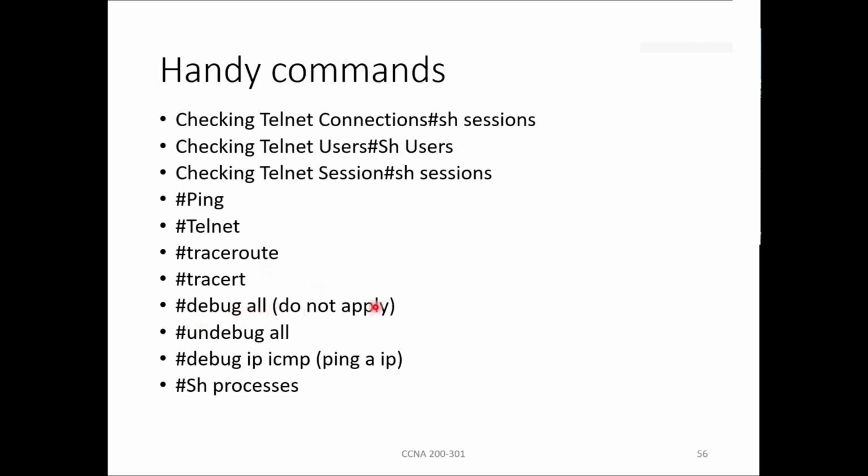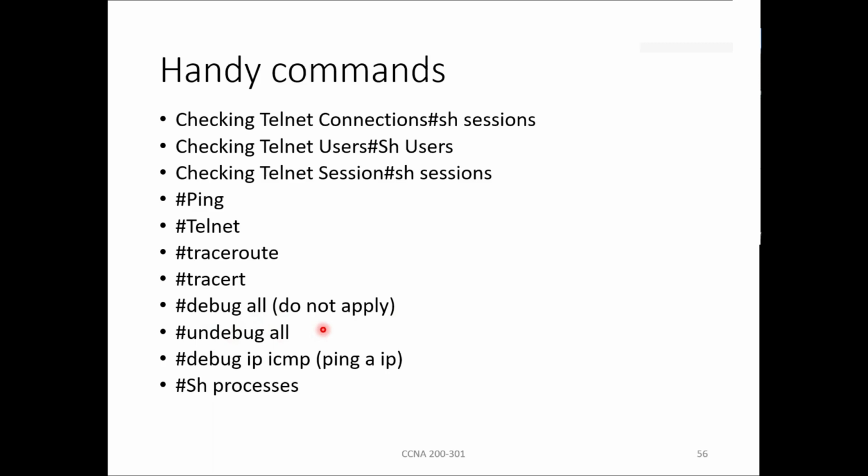And debug all. So what is debug? Debug will provide us real-time information. Sometimes for troubleshooting purposes we can enable debug, but once we're done with that, we need to say undebug all, because if you run debug for quite a long time, it will consume a lot of resources. That's why we do not enable this all the time.